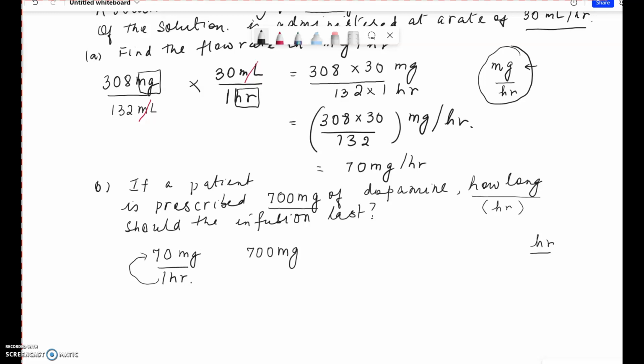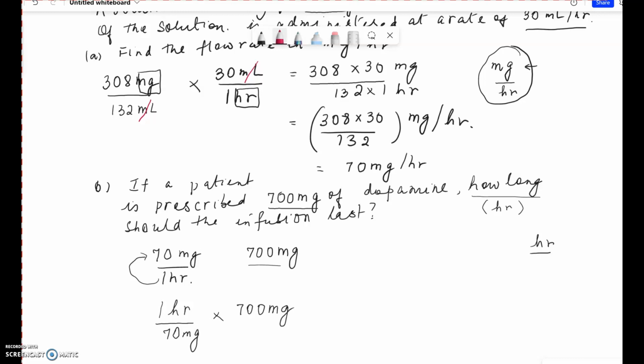So first, to begin with, let's flip this fraction. Instead of 70 mg per 1 hour, we're going to have 1 hour per 70 mg. It's the same thing. And now, if we want to cancel milligrams, we multiply it with 700 milligrams.